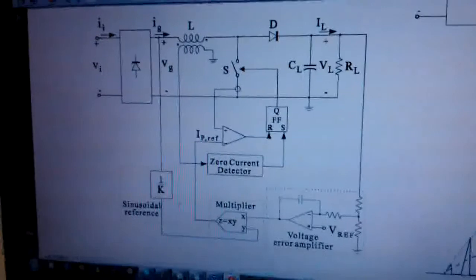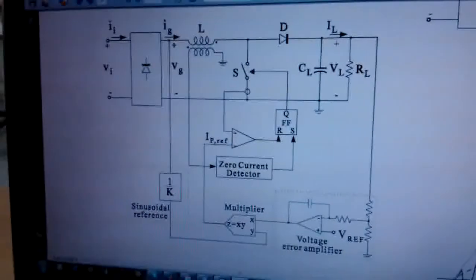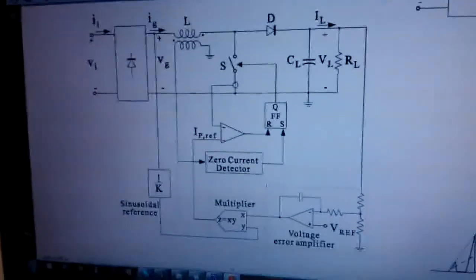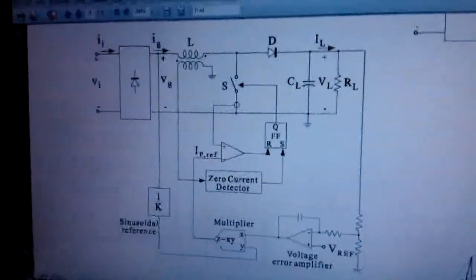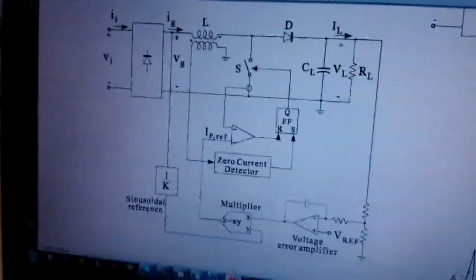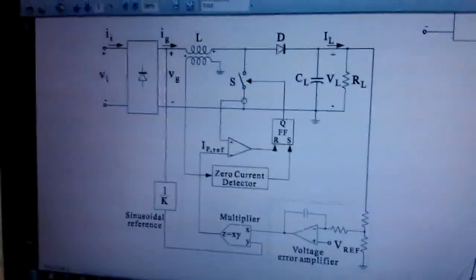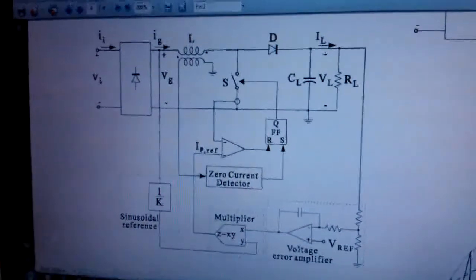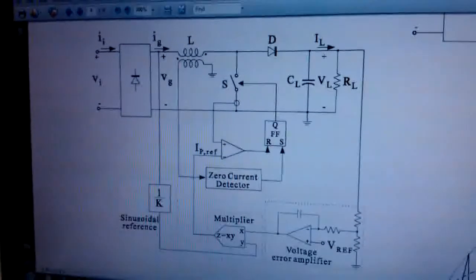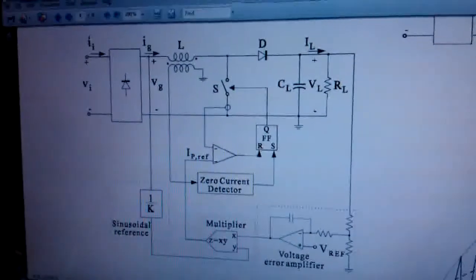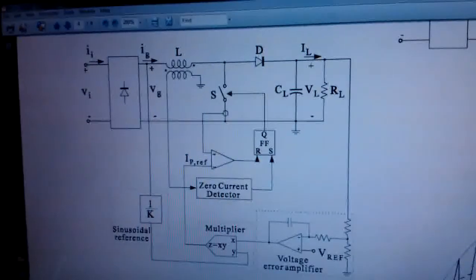Now I am going to explain the power factor correction IC, that is IC L6561. Among the many PFC techniques available, such as peak current control, average current control, hysteresis control scheme, borderline control and discontinuous current PWM control scheme, we are using IC L6561, which uses the borderline control scheme.